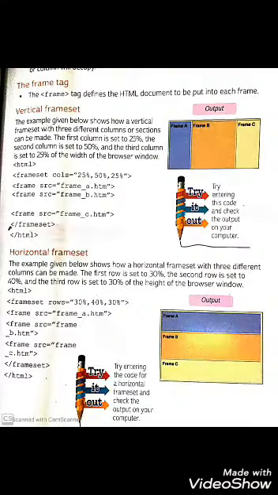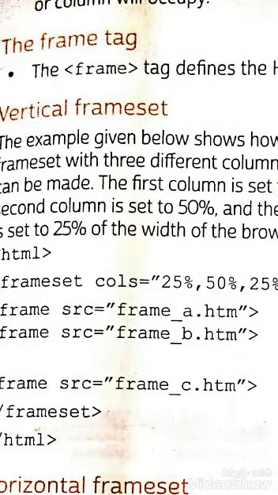Okay. Now what do you mean by frames? Frame is defined as how to divide the window into frames. It will let you know how you can divide the window. Using frames you can display multiple HTML documents in a single browser window.